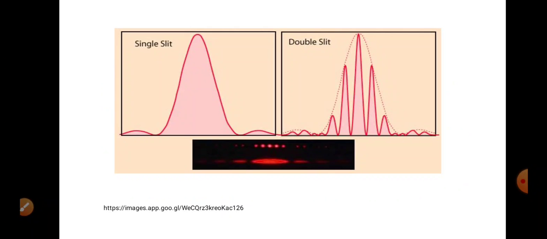If we observe the graphical representation, you can remember the things that we discussed. See, in case of double slit diffraction, there is an overlapping of interference fringes in the diffraction fringes.